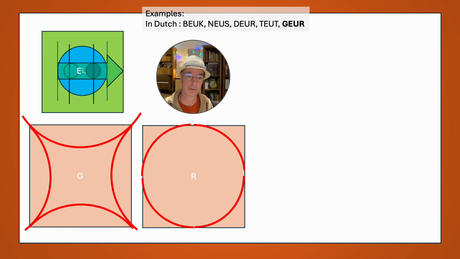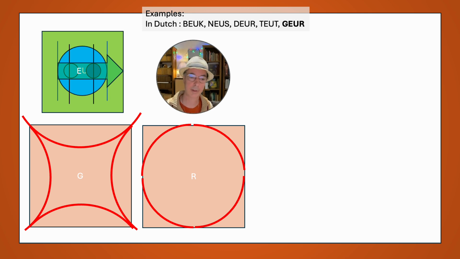And the last word, geur, which means scent. You have the G, which is basically also at the edges, and it connects to larger areas beyond that, and that will be brought down here, as you can see.